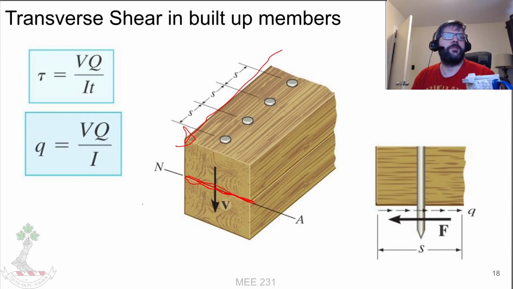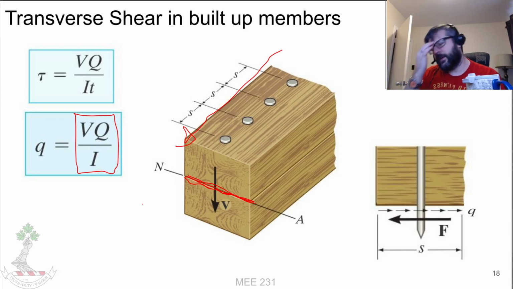So say you had a beam made up of two 2x4s that you nailed together, and you ended up calculating your shear flow as being, say, 1,000 newtons per meter, and you had nails that were each able to resist, say, 100 newtons in shear force.